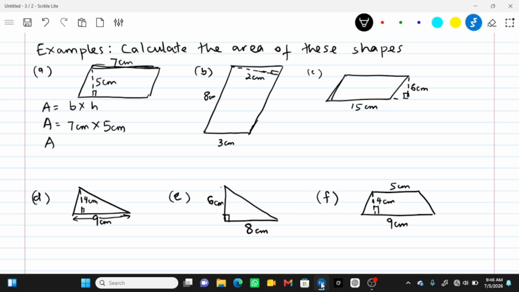So the area should be 7 multiplied by 5, 35, and centimeter multiplied by centimeter is centimeters squared. And that's the answer.